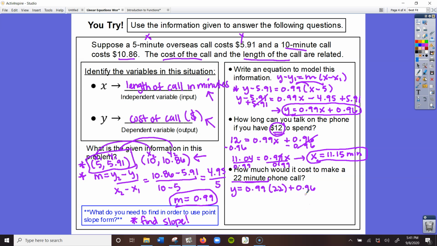We would do 0.99 times 22, which gives me 21.78. And then we add the 96 cents, which gives us 22.74. Now remember, y represents cost. So this means that it would cost us $22.74 to make a 22-minute phone call.